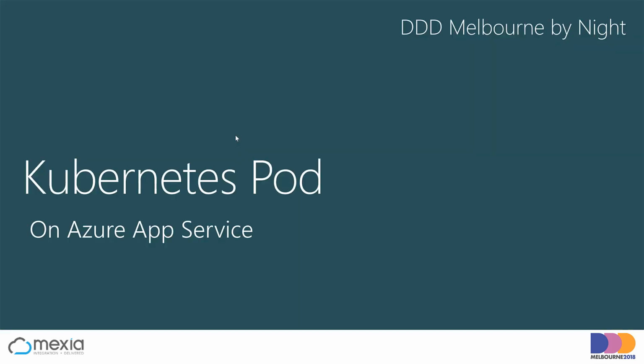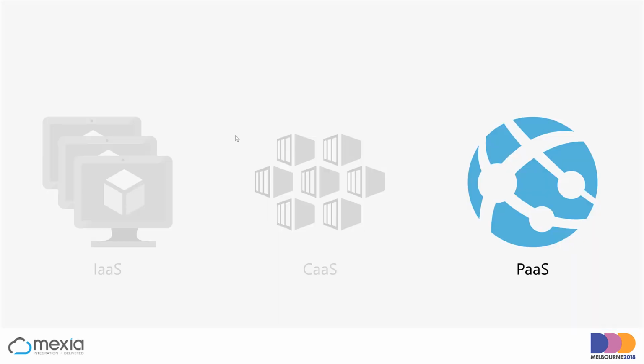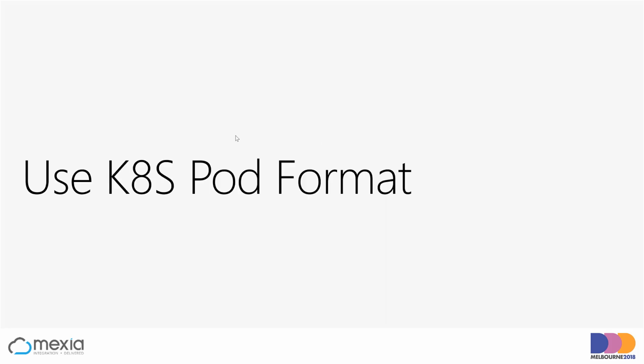But there is another multi-container approach using Kubernetes pod. This is another type of PaaS, right? This time we are using Kubernetes pod format, but make sure that we are not using Kubernetes service itself. We only borrow the Kubernetes pod file format. That's it, right?